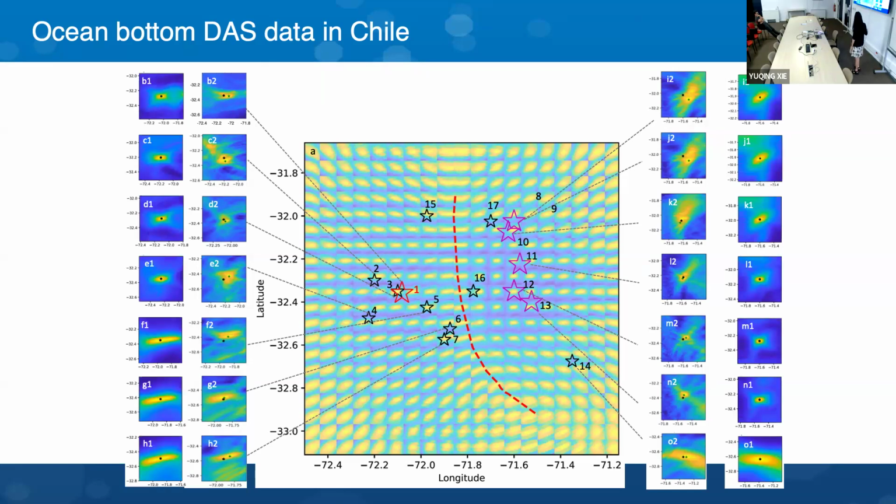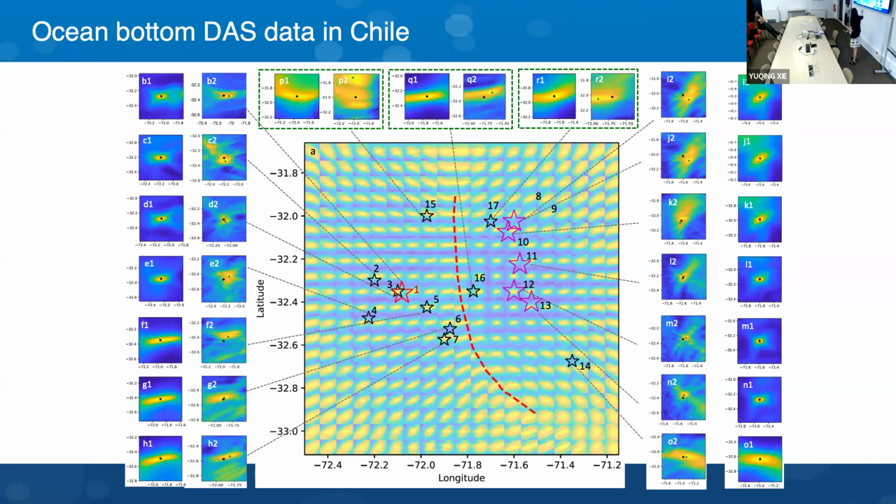And at the regions that are far away from the center, there is a large trade-off. Especially in this region, there are multiple peaks, so you don't know which one is the correct one. That's because it's too sensitive to the velocity model. And also there is a very large trade-off, so you need more constraints from different directions. So you need a longer cable to cover that region.